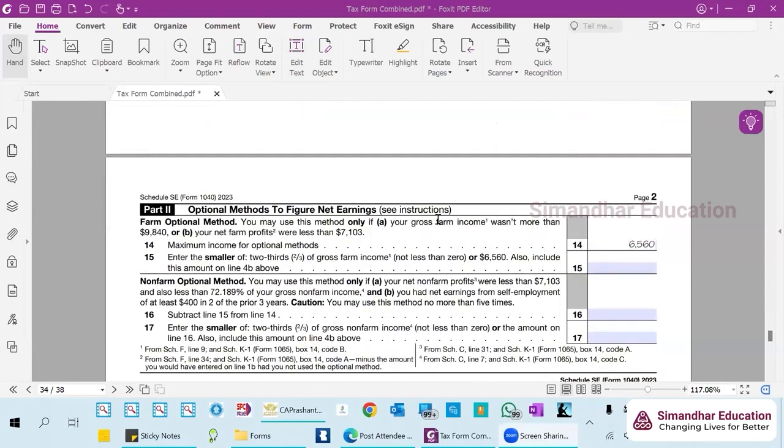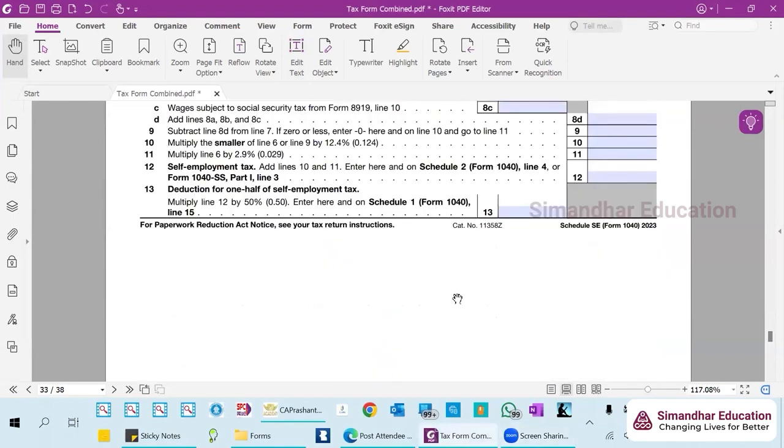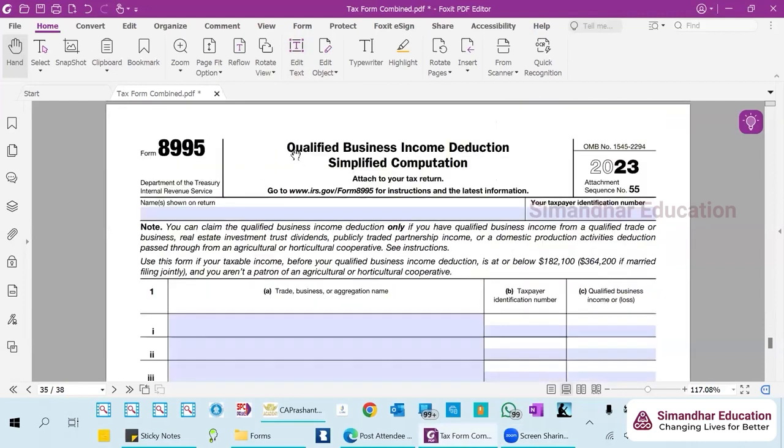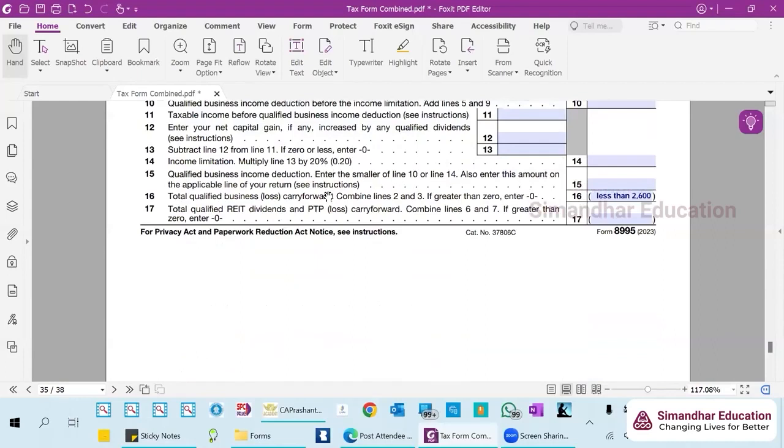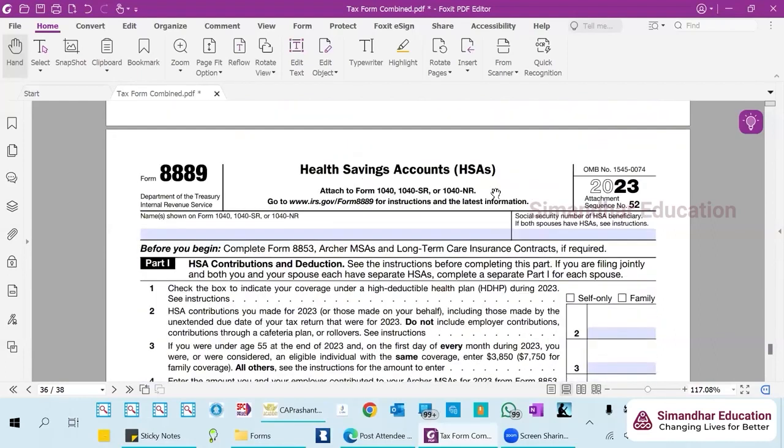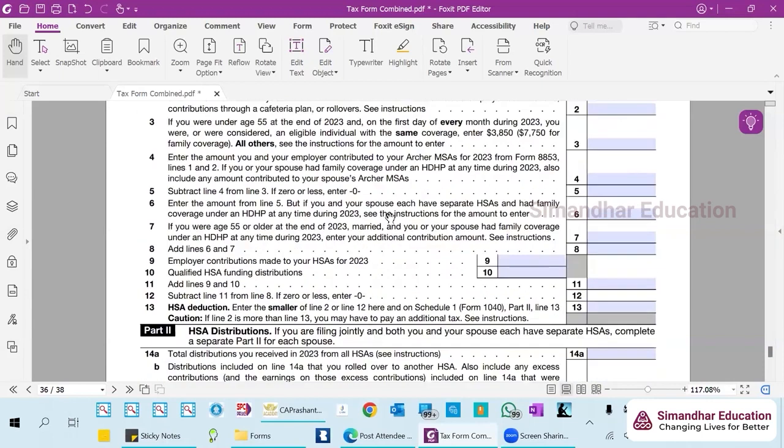So then, where were these forms? Now we discussed QBI, right? Qualified business income. So 8995 is my qualified business income. Then I have HSA. HSA is related to adjustments to gross income, and I have to file 8889.